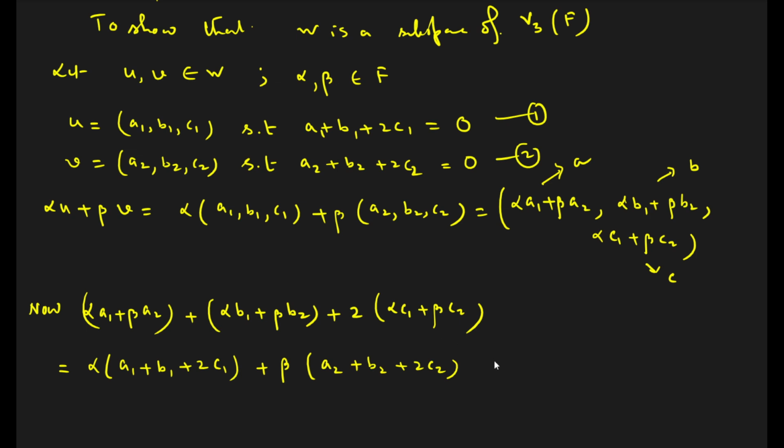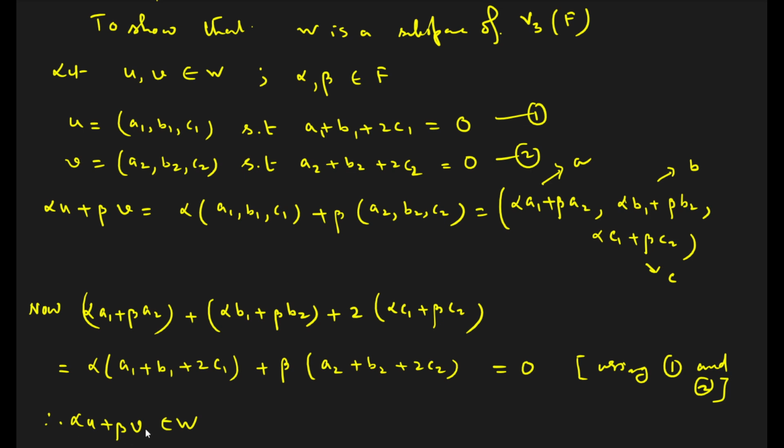From equation 2, the second part is 0. So this is 0 using 1 and 2. Now see, alpha u plus beta v is three-dimensional. Also it satisfies that particular condition. Now only you can say that alpha u plus beta v belongs to W.